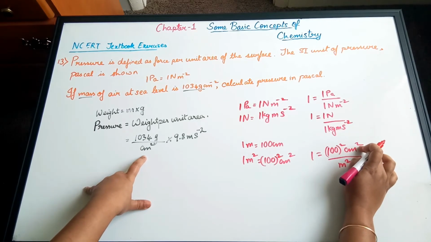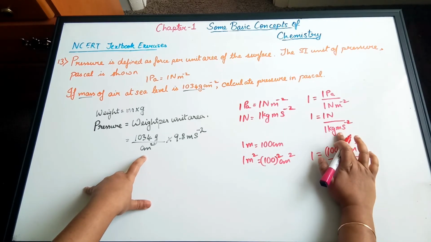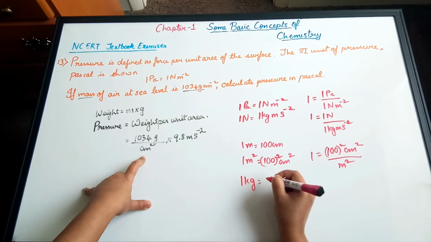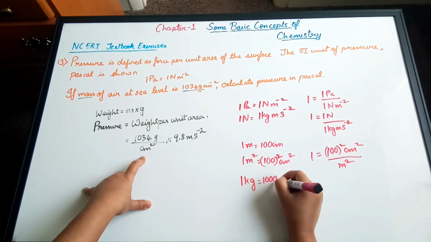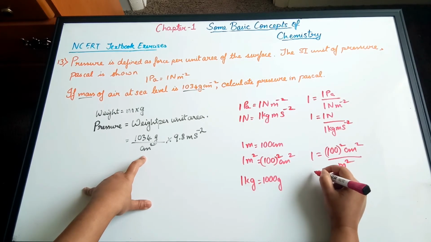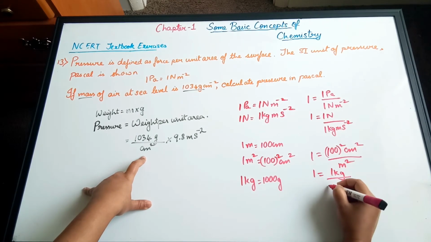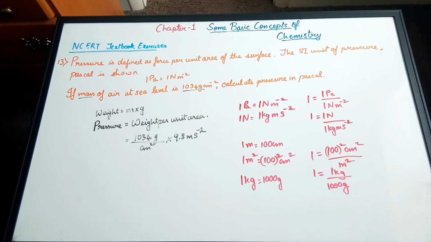Okay, now we have kilogram in the denominator over here, which means we need kilogram in the numerator as well. So 1 kg equals 1000 grams. So 1 equals 1 kg divided by 1000 grams. Now, as per our unit conversion factor rules, we need to basically multiply the equation with all of these values.